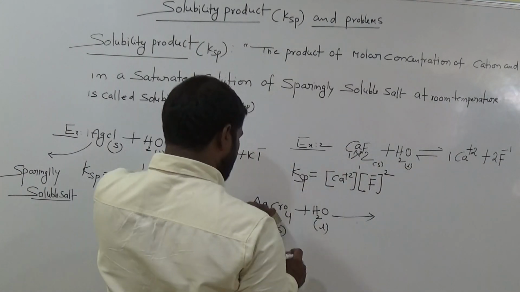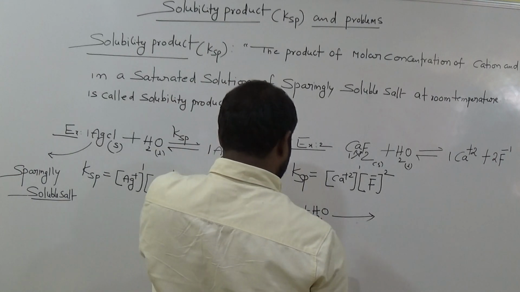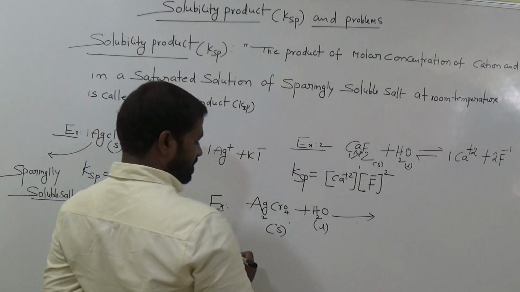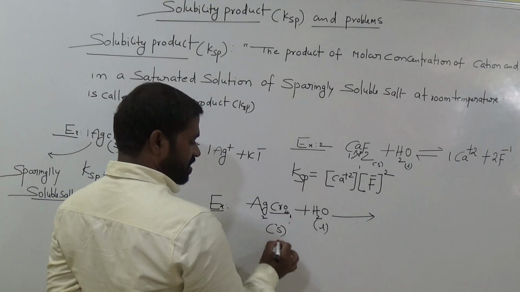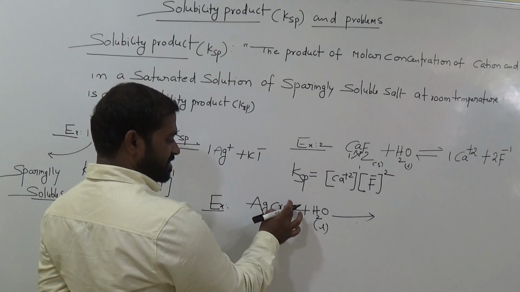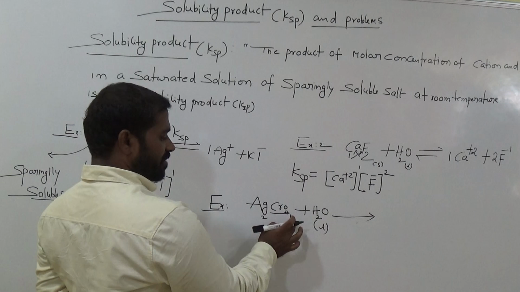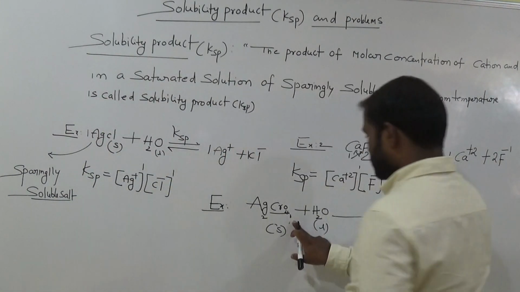Ag2CrO4. CrO4, this 4 is at oxygen only. CrO4 is one component. Ag2CrO4, 1 means not 4. Remember this.